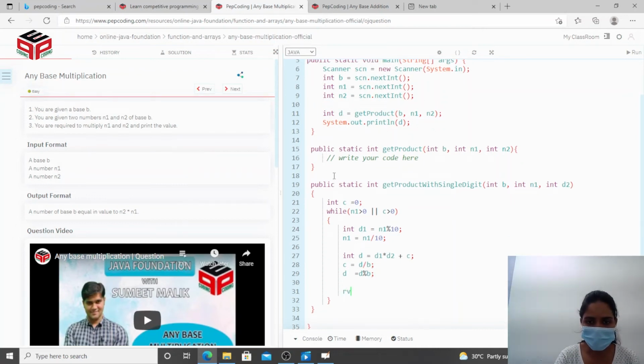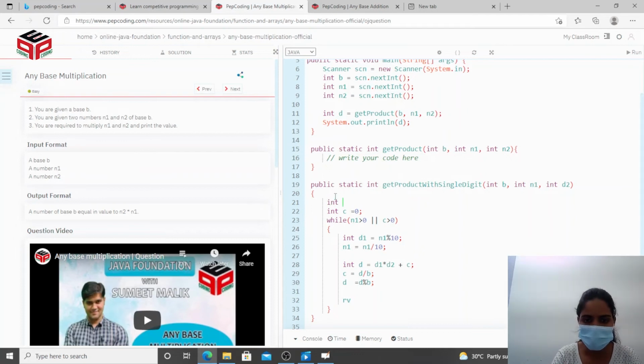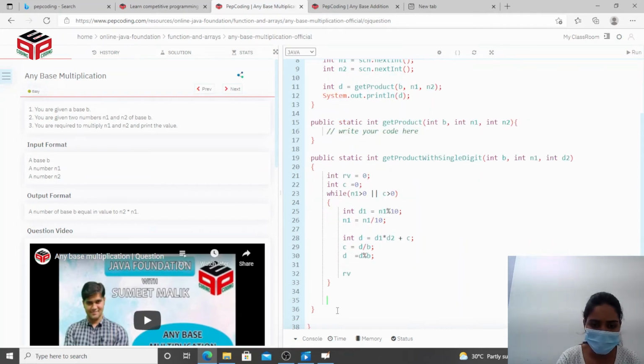Now as I have to return something here, int RB equals to 0, and after this while loop I have to return my RB because we are receiving the answer in RB. We are storing all the result in RB. RB plus equals to D multiplied by P. Why P?